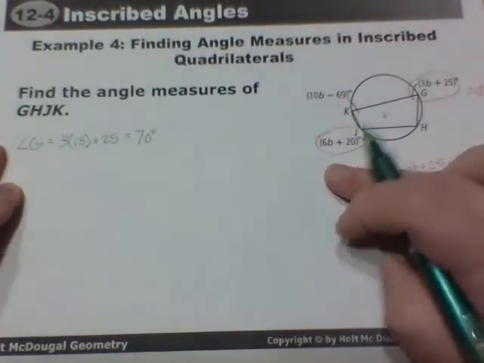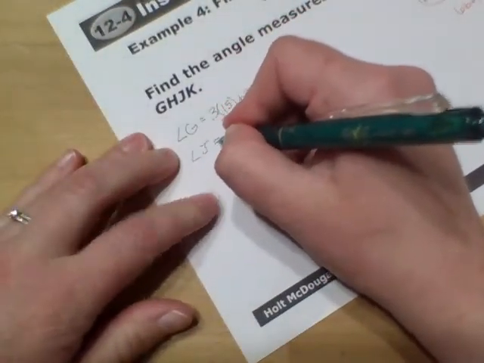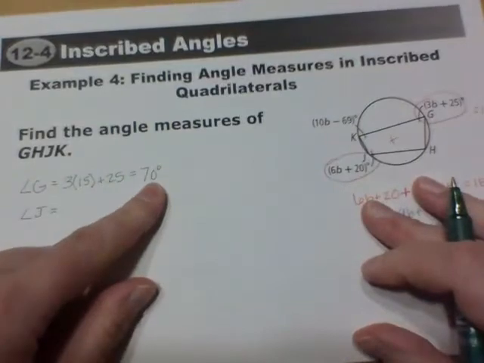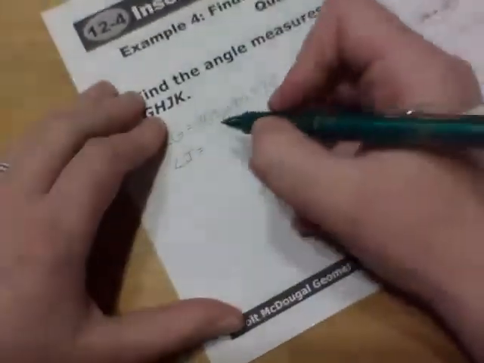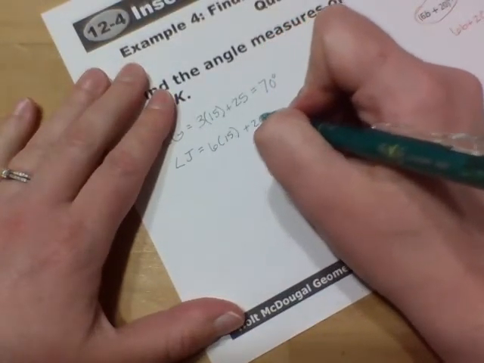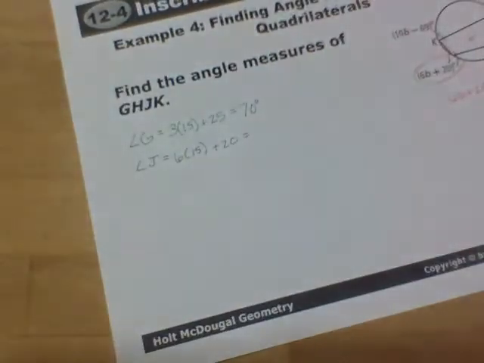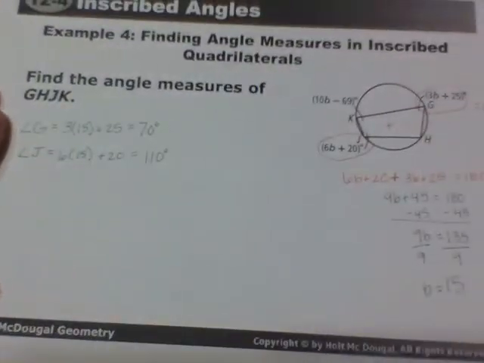We also have angle J here. And it should be supplementary with 70, so we can kind of see that it should be 110. But algebraically, it's 6 times 15 plus 20. So 6 times 15 is 90 plus 20 is 110. All right.